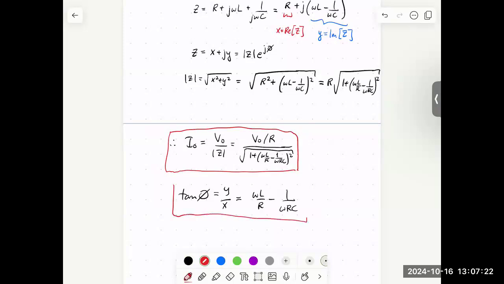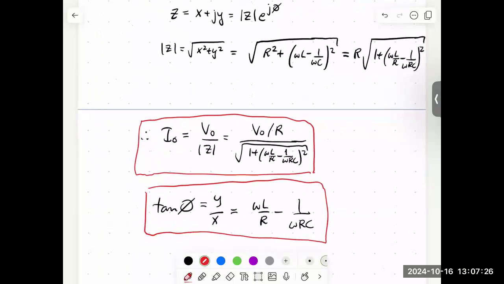That is our solution for the current amplitude and phase in an LRC circuit.